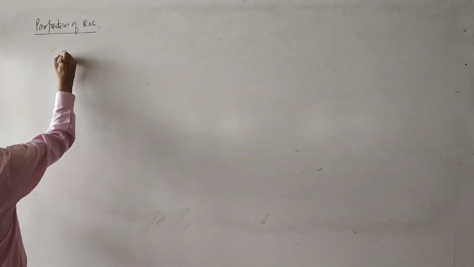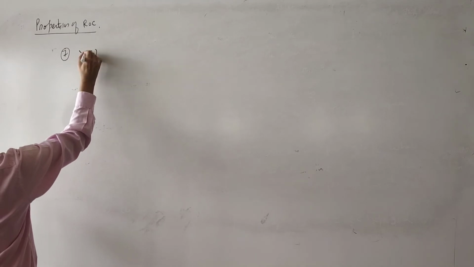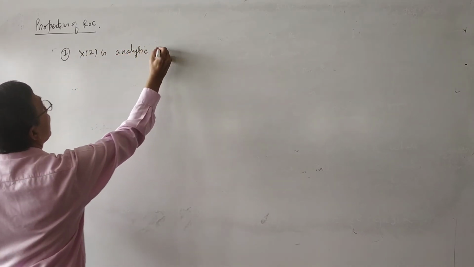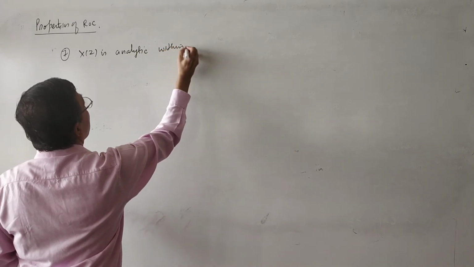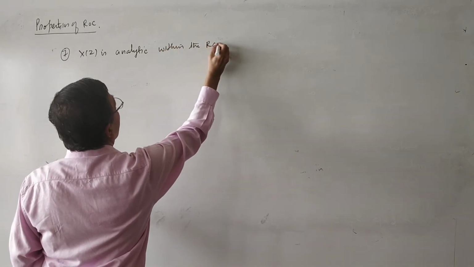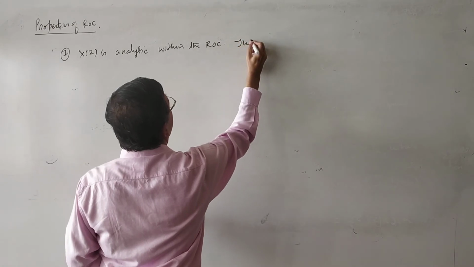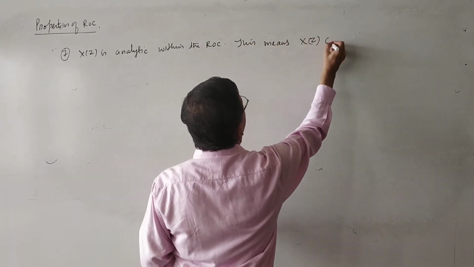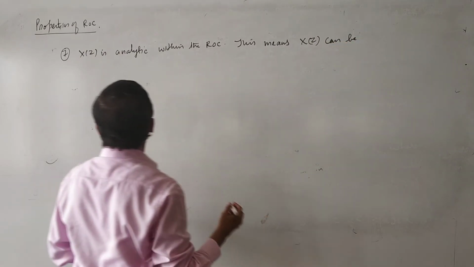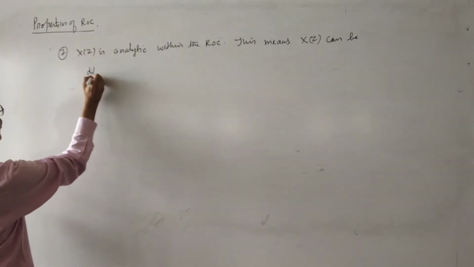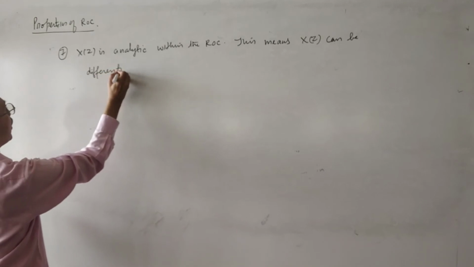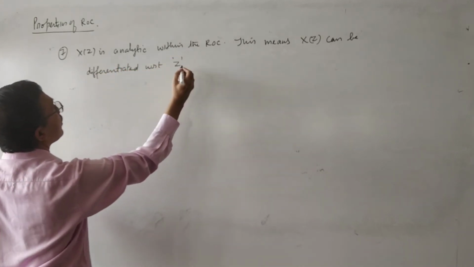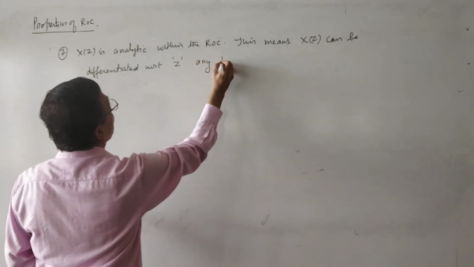Seventh one. X of z is analytic within the ROC. This means x of z can be differentiated with respect to z any number of times.